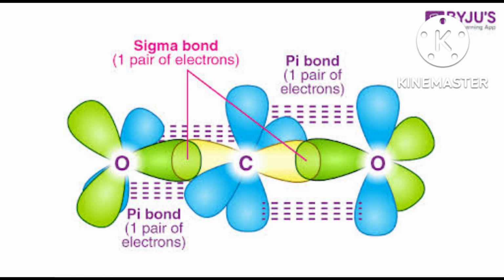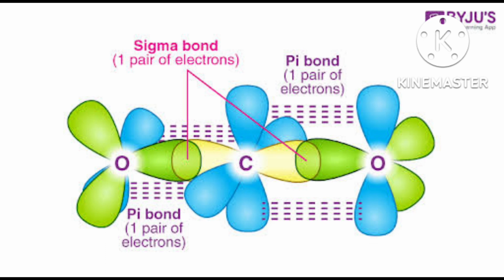In the formation of pi bond, I already told you in the beginning, the same things are here. In the formation of pi bond, the atomic orbitals overlap in such a way that their axes remain parallel to each other and perpendicular to the internuclear axis.